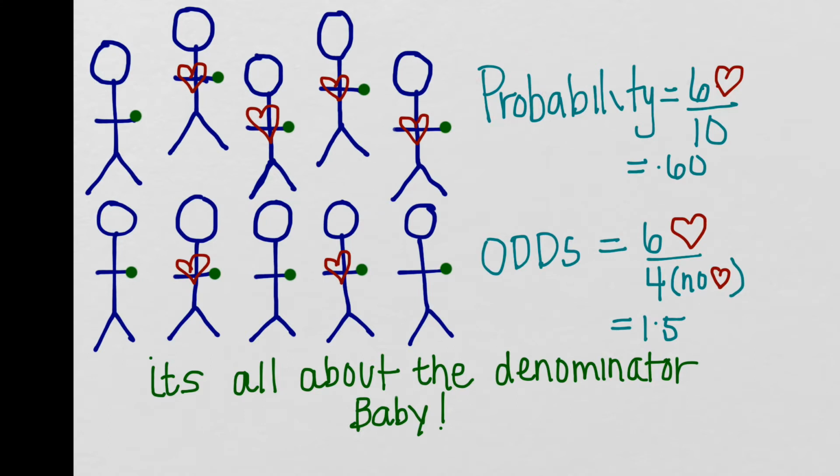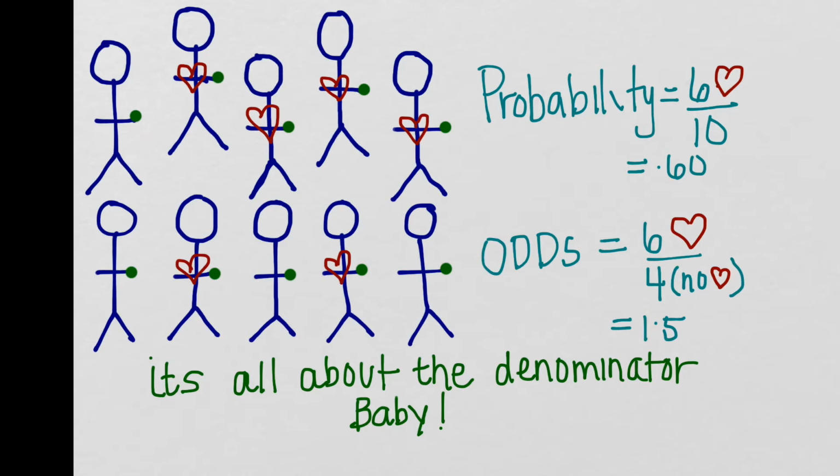For probability, in the numerator we would have the 6 people who suffer from a heart attack, and we would divide that by the total number of people who actually took the pill. Our probability or risk would be 0.6 or 60%. In other words, the likelihood of you suffering from a heart attack would be about 60% in this particular group of patients.